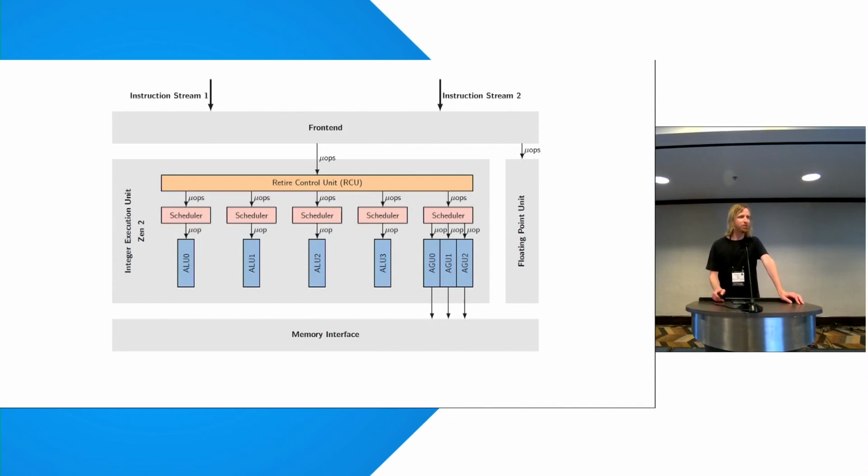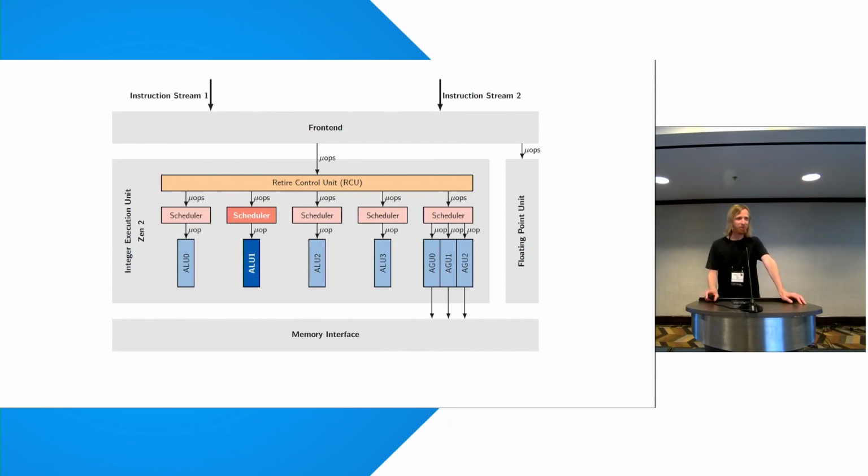All the schedulers have a limited capacity of a certain number of micro-operations. In our case, we are interested in the scheduler that is connected to arithmetic logical unit 1, because not all the ALUs are the same.